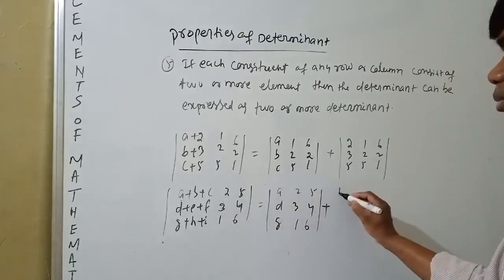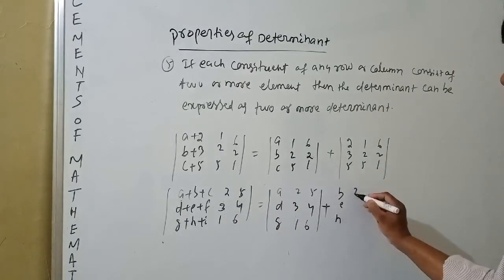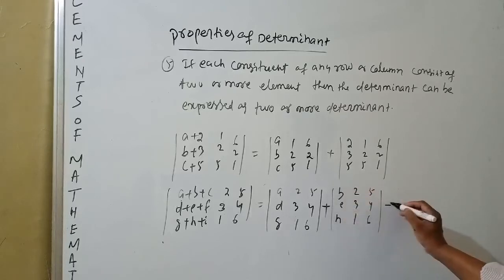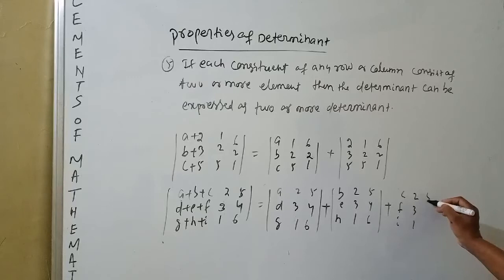Again b, e, h with 2, 3, 1 and 5, 4, 6. Again c, f, i with 2, 3, 1 and 5, 4, 6.